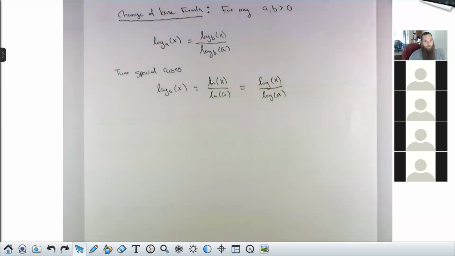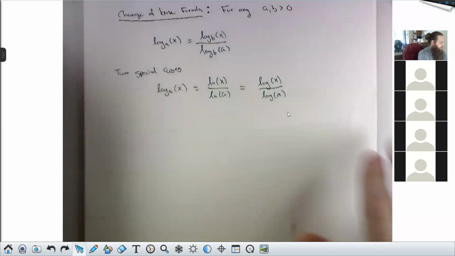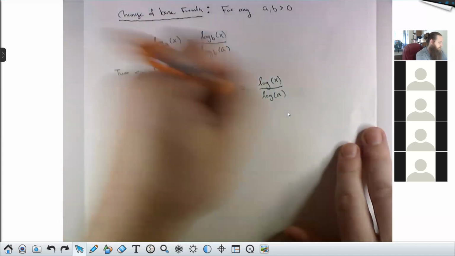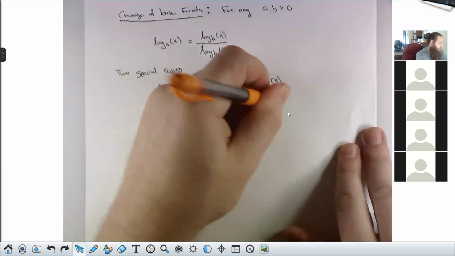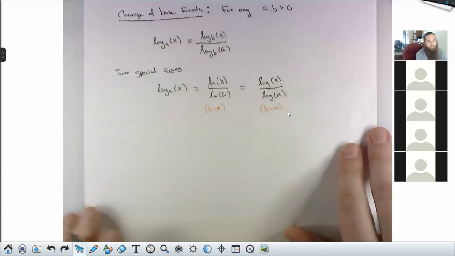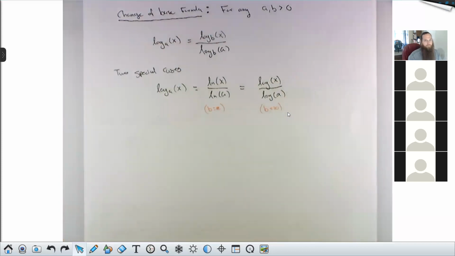So in the first one, I'm using e for B, and in the second one, I'm using 10 for B. That's all. So you can convert any one logarithm base into another base. Mostly useful for calculator stuff.